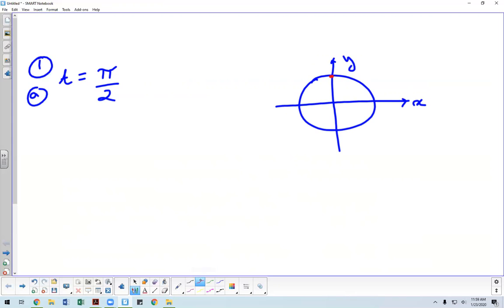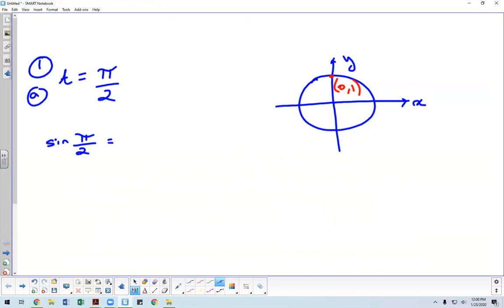We're talking about this point right here, right? At pi halves. So this would be our ordered pair of 0, 1. So what would you say is sine of pi halves now?